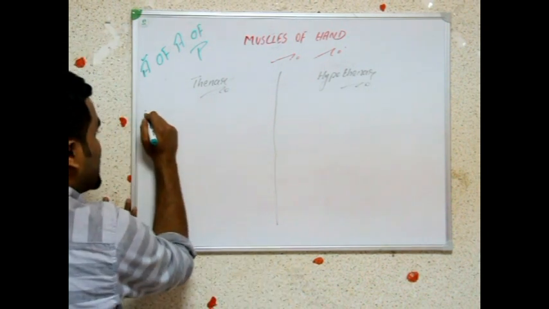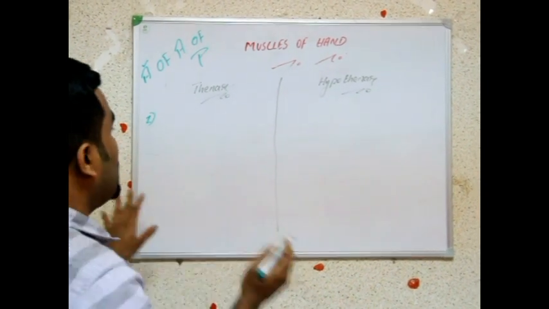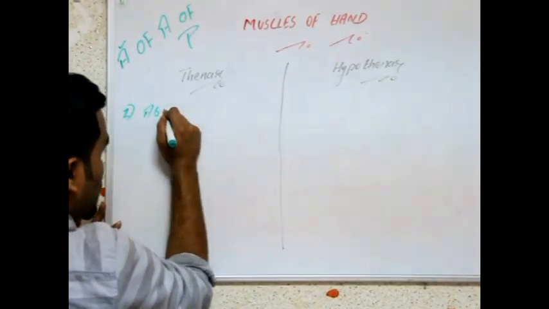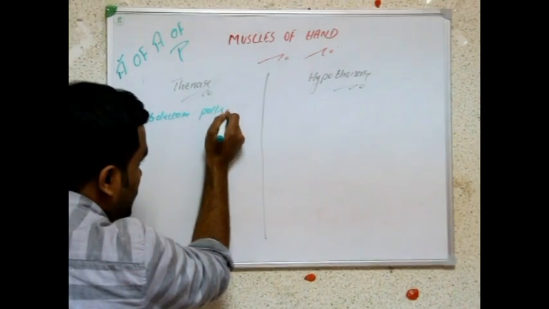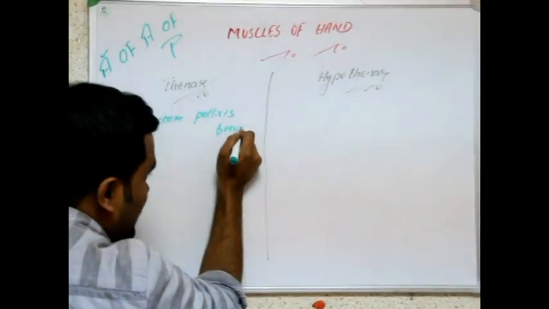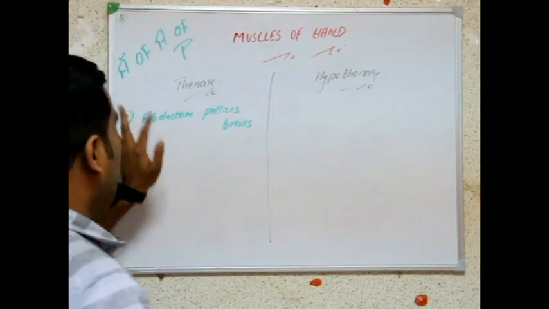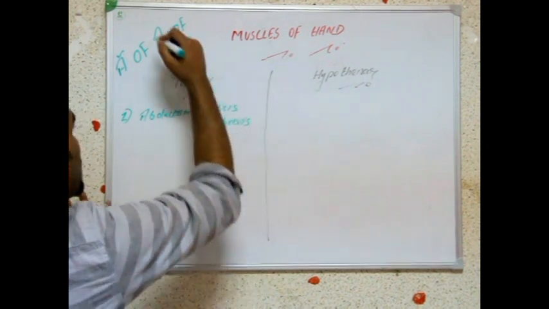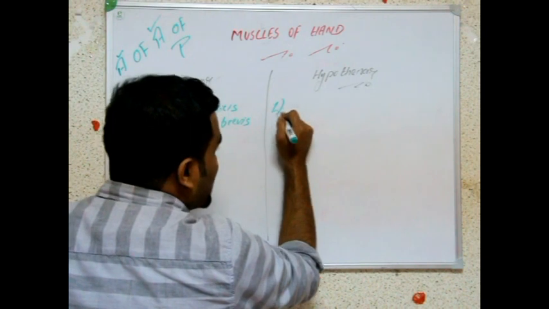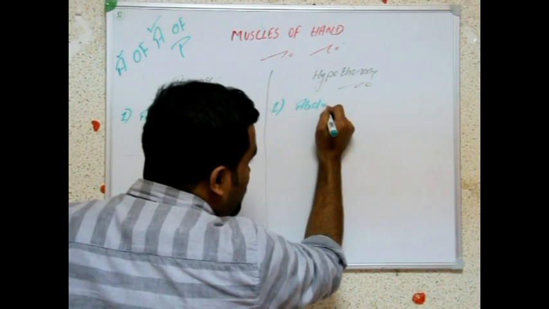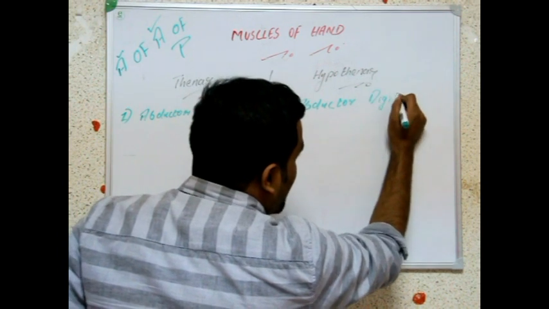So what is the first muscle in thenar? I told you thenar is in pollicis side. Abductor pollicis brevis. In Latin, brevis means small or short. Okay, same side in hypothenar. I told you it is in little finger, right? So it is abductor digiti minimi.